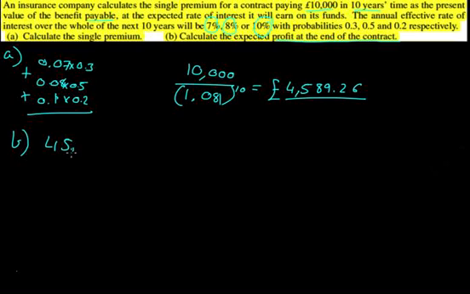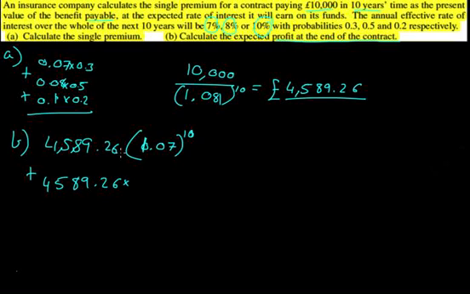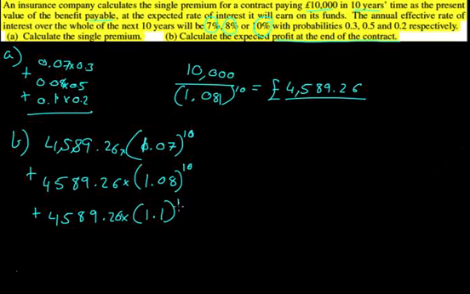We take 4589.26 and multiply by 1.07 to the power of 10, or it could turn out to be that same amount, 4589.26, times 1.08 to the power of 10, or 4589.26 times 1.1 to the power of 10, and don't worry, I haven't forgotten the probabilities.